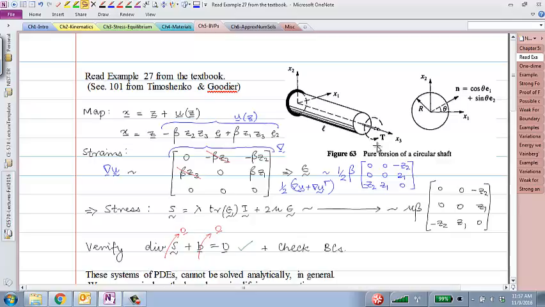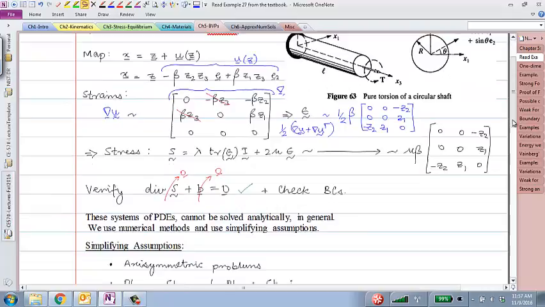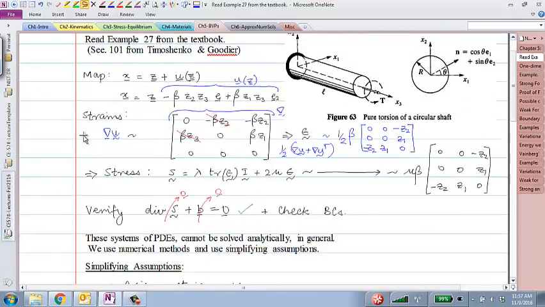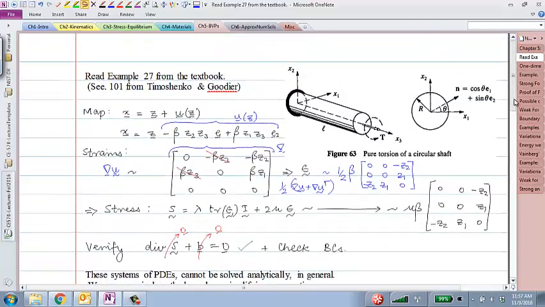So this solution again checks that all the equilibrium equations, the strain displacement relationships, the stress strain relationships, they are all satisfied and the boundary conditions are satisfied. So this is yet another example of an exact solution.